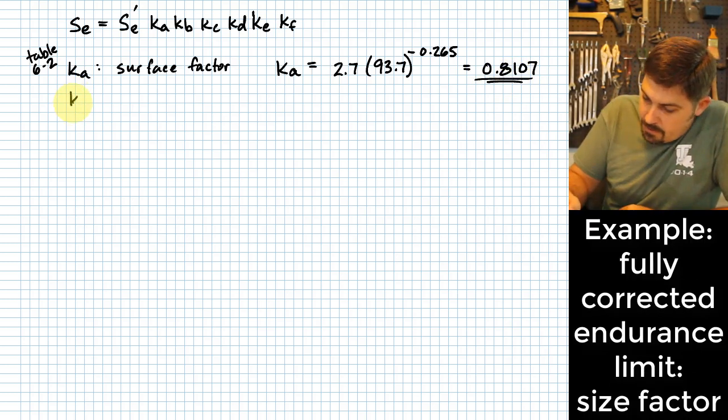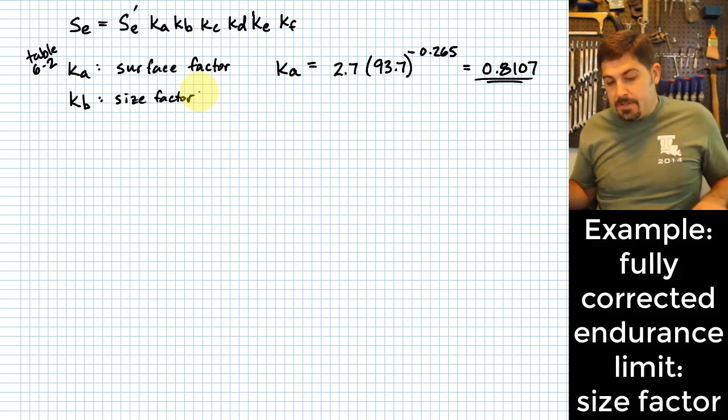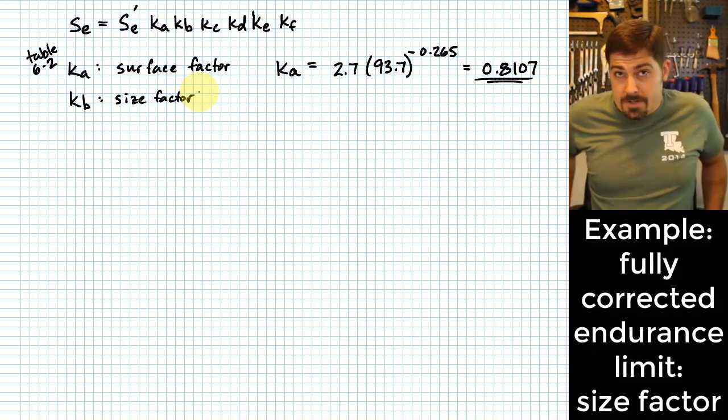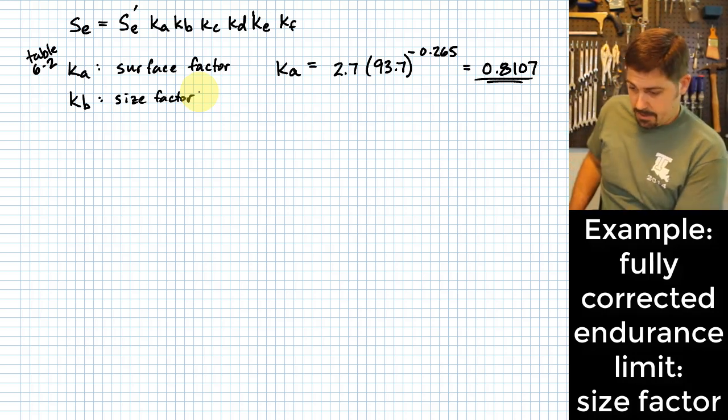Next, we have a size factor, Kb. Now the reason that we need a size factor is that, remember, these fatigue processes are not deterministic in nature, they are stochastic in nature.